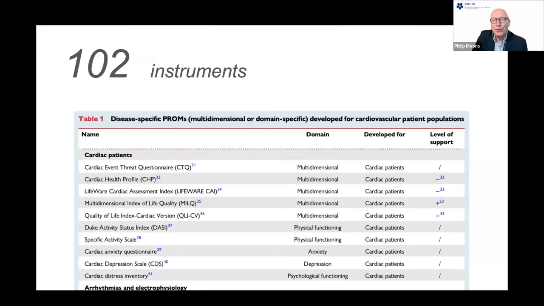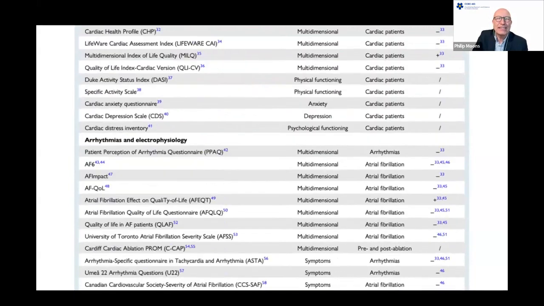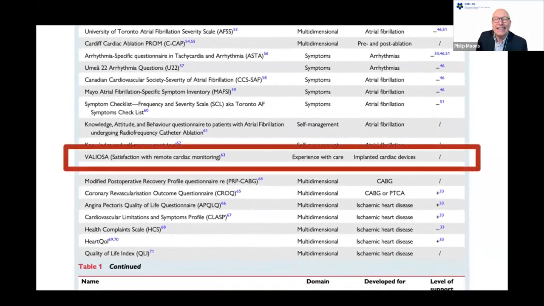When you go through this list, it was striking to me that there are few instruments that are specifically designed for the use in devices. There is one instrument, Valiosa. This is developed to measure the satisfaction with remote cardiac monitoring.